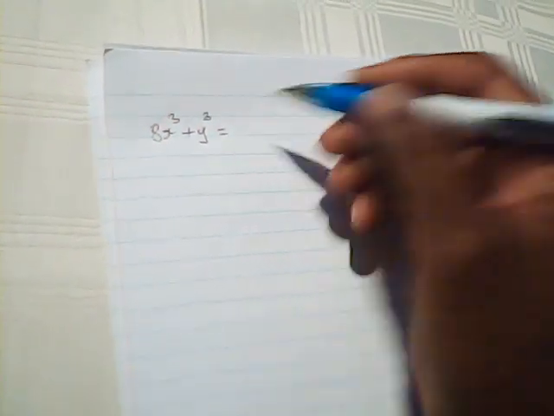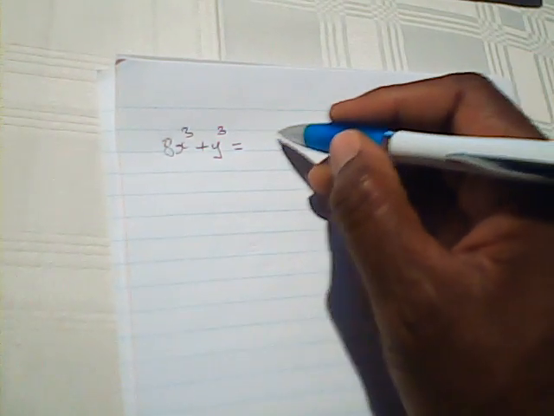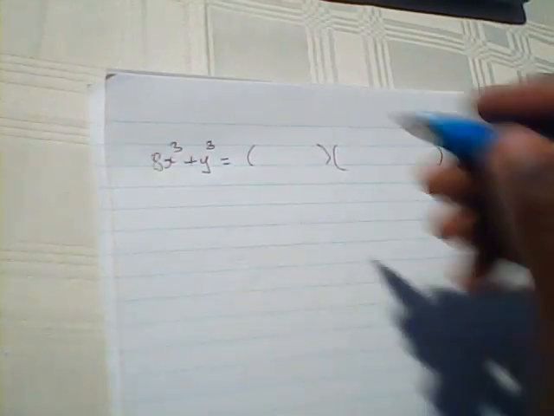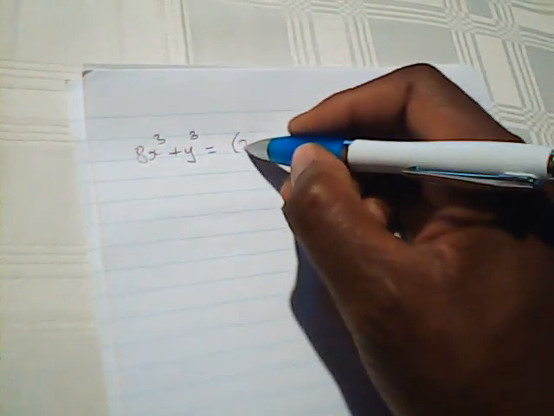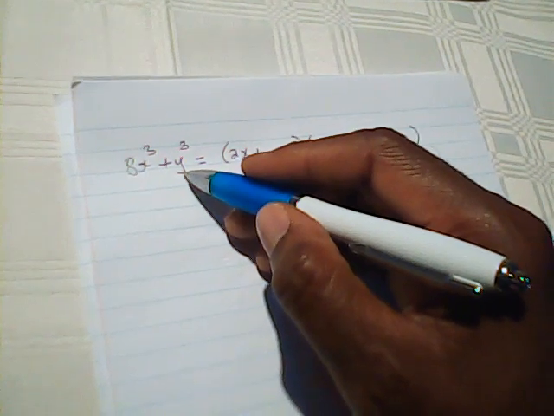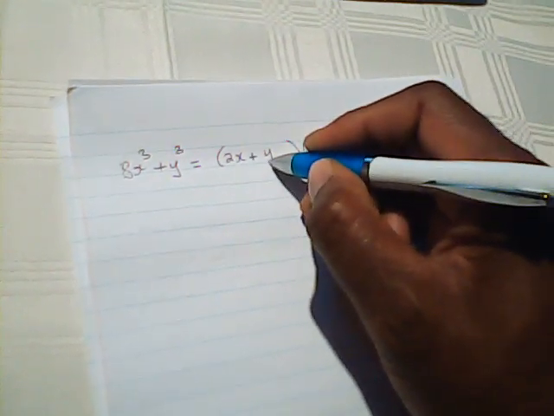If you are given 8x cubed plus y cubed, we said this will be equal to, you just need to open up the brackets, and then you look for the cube root of 8, which is 2. Cube root of x cubed is x, plus cube root of y cubed is y.